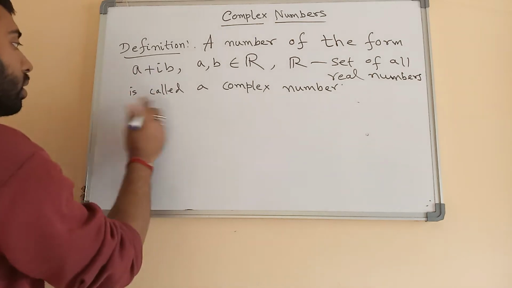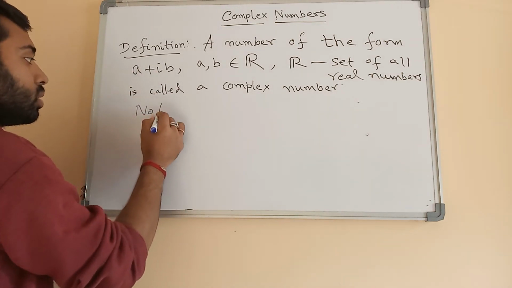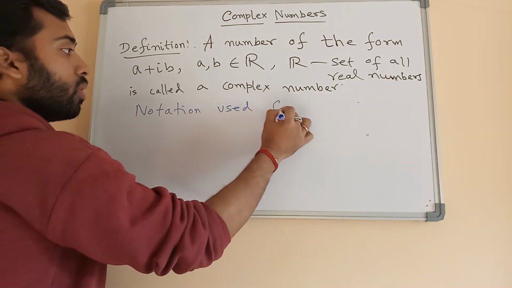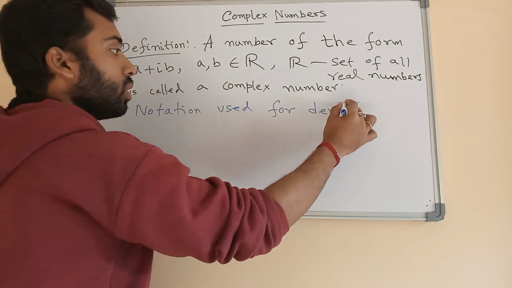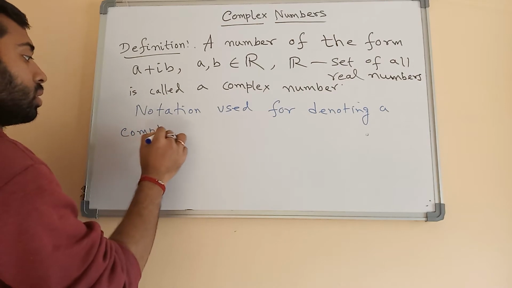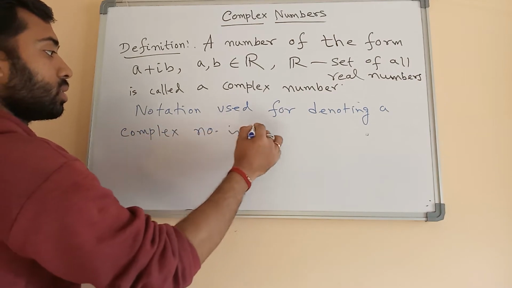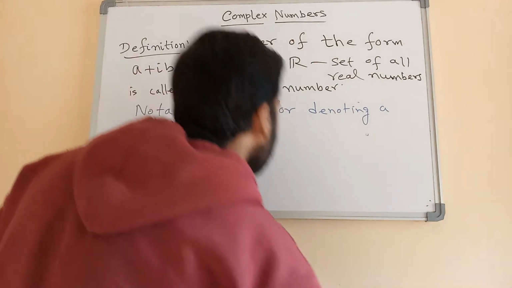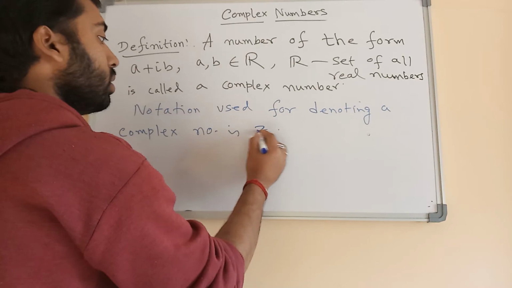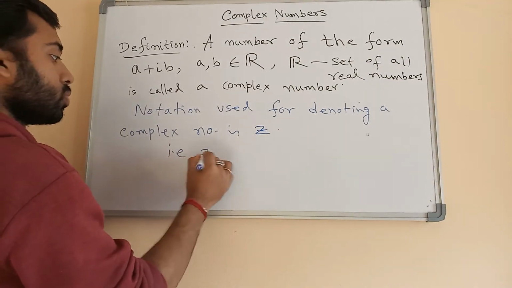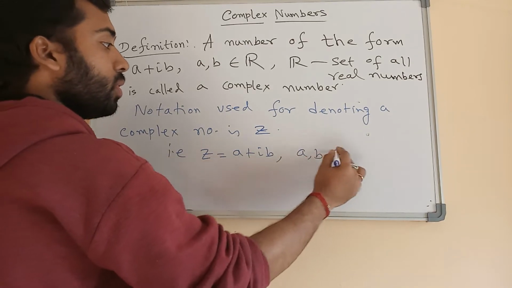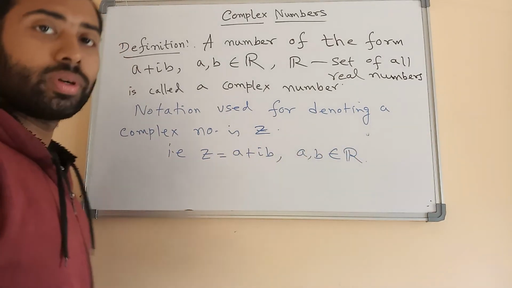So the notation used for denoting a complex number is z. So basically we represent it by small z. So small z equals a plus ib represents a complex number where a, b are taken from the set of real numbers.